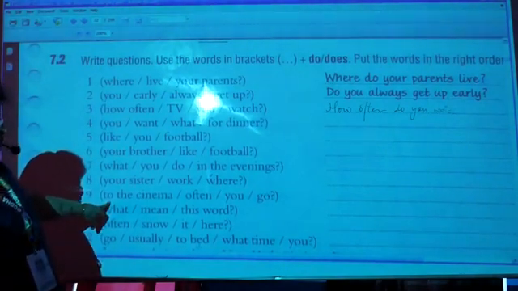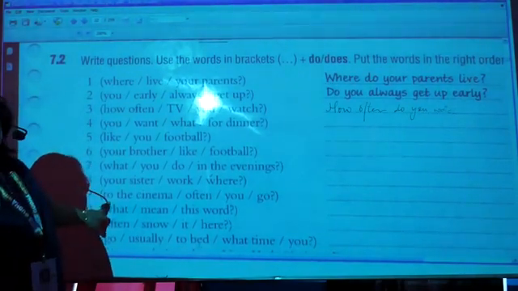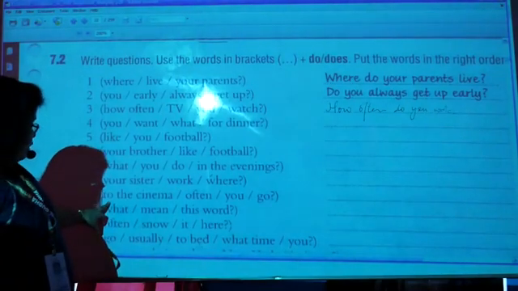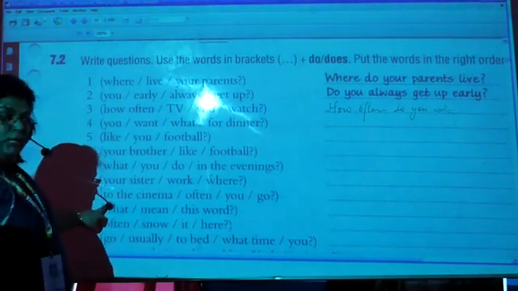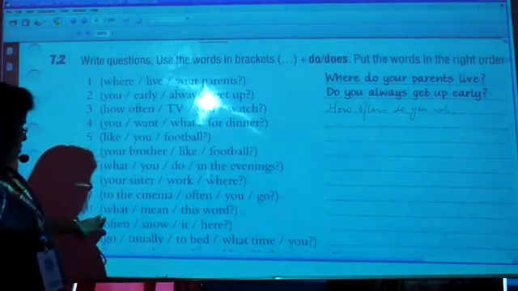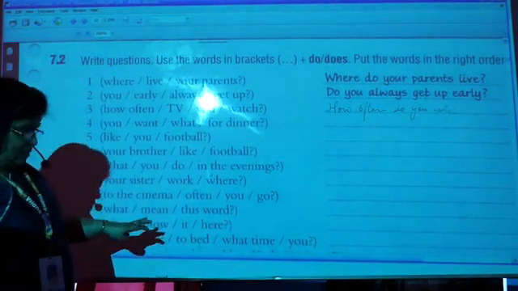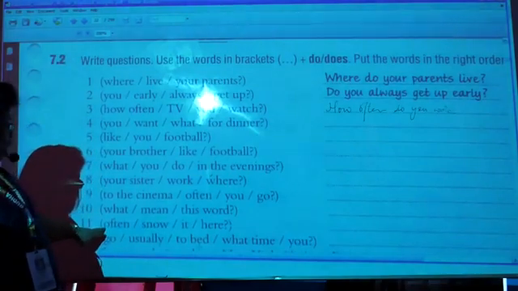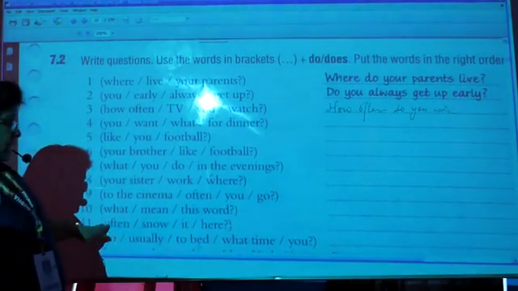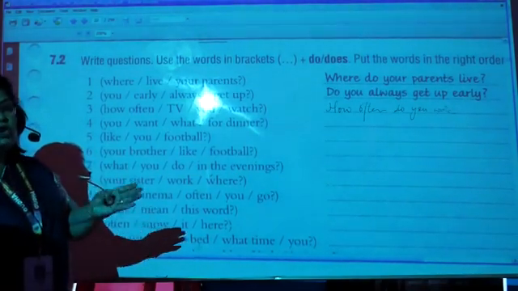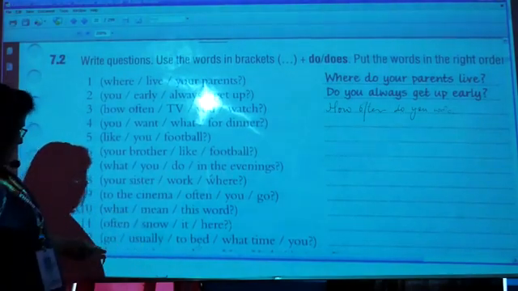To the cinema often you go. Do you go to the cinema often? Or do you often go to the cinema? What mean this word? What does this word mean? Next, often snow it here. It often snows here. Okay.